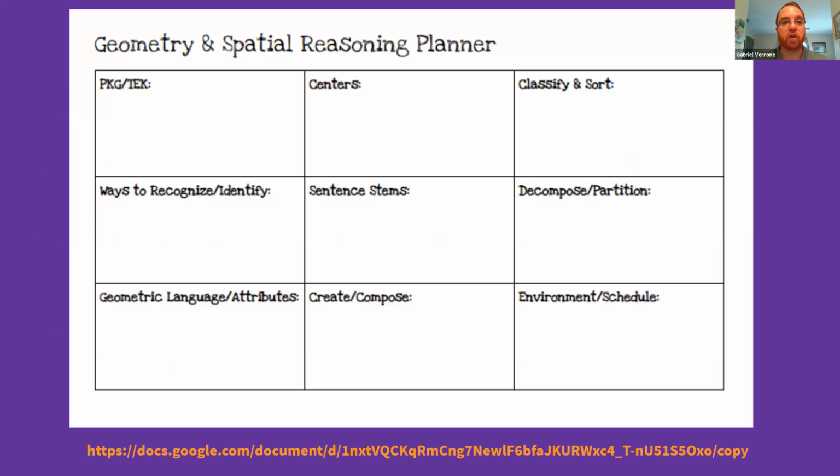So what I've done for you is I've created, and I'm gonna drop this bit.ly in for you. And this should force you to make a copy of a geometry and spatial reasoning planner. So click on that.